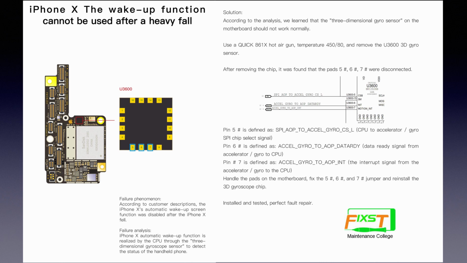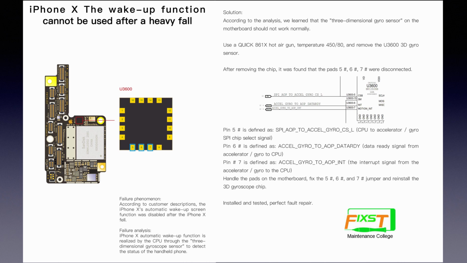After that, we found out that pin 5, pin 6, and pin 7 were disconnected. According to the schematic, we can see that pin 5 is the CPU to accelerator gyro SPI chip select signal, pin 6 is the data ready signal from the accelerator gyro to the CPU, and pin 7 is the interrupt signal from the accelerator gyro to the CPU.